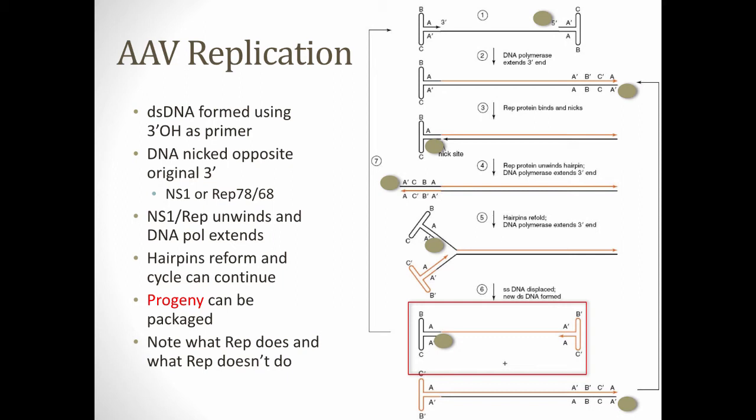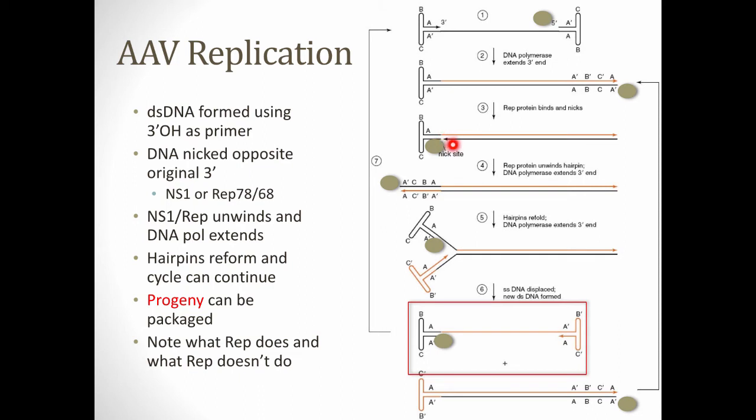Assuming those cellular DNA polymerases are around, which they won't be unless the cell's been pushed into S phase by some other stimulatory factor, again, usually an adenovirus in this particular case. So the first one of those viral proteins to be made is the rep protein. The rep protein is really an endonuclease. What it does is it cuts opposite where the 3' end of the genome was, which now provides a 3' OH.